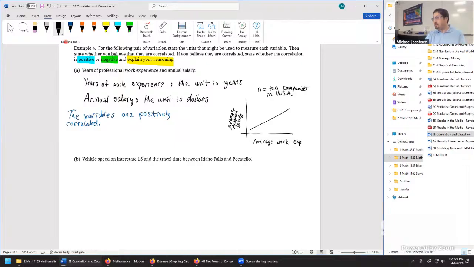We can say because as a person accumulates more and more work experience, we're thinking, say, the work experience here, work experience or skills.